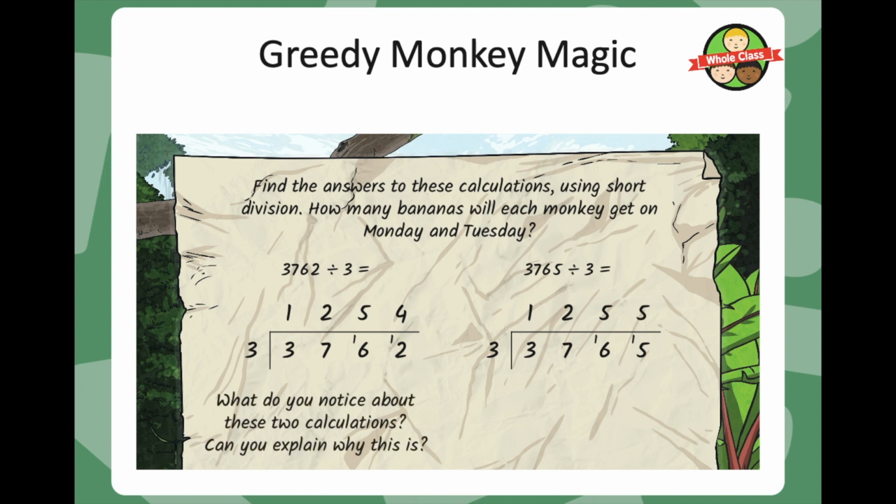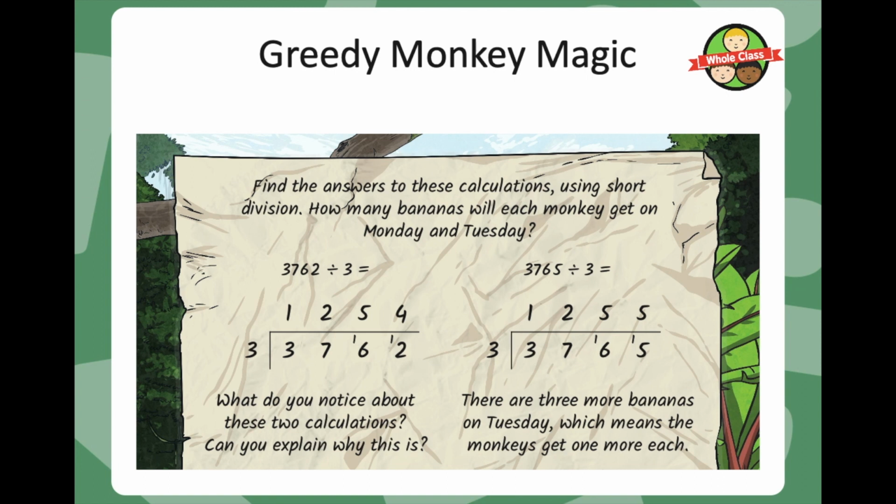What do you notice about these two calculations, and can you explain why this is? There are 3 more bananas on Tuesday, which means the monkeys get 1 more each, because if you look, there are 3,762 bananas on Monday and 3,765 on Tuesday, so that's 3 more.